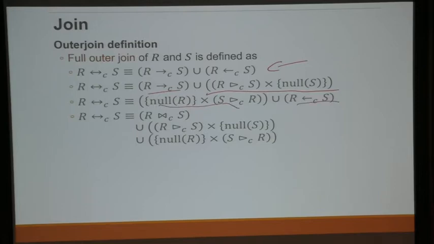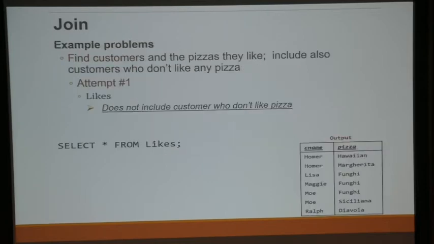Or you can just use a union of both dangling tuples. So yeah, that's basically outer join. We'll go through the example next week.